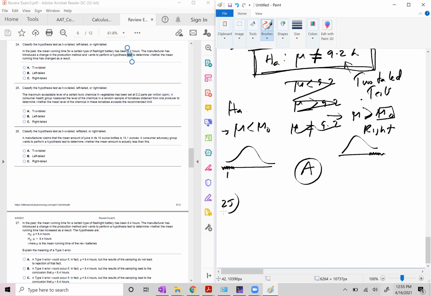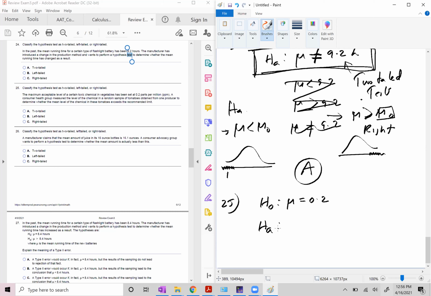Classify the hypothesis test again as two, left or right-tailed. The maximum acceptable level of a certain toxic chemical in vegetables has been set to 0.2 parts per million. Okay, so this is the amount that is recommended, so that goes to the null. An alternative is the researcher's hypothesis, that means what we are testing.